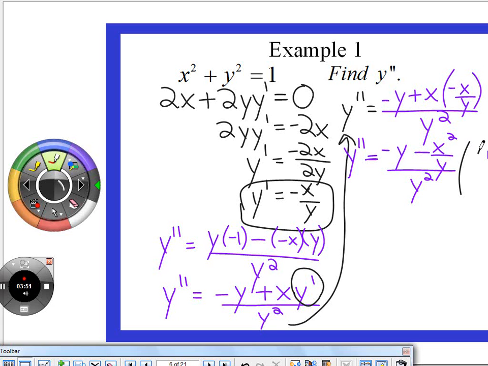And what will do it is y over y, so I'm going to multiply the whole fraction by y over y.